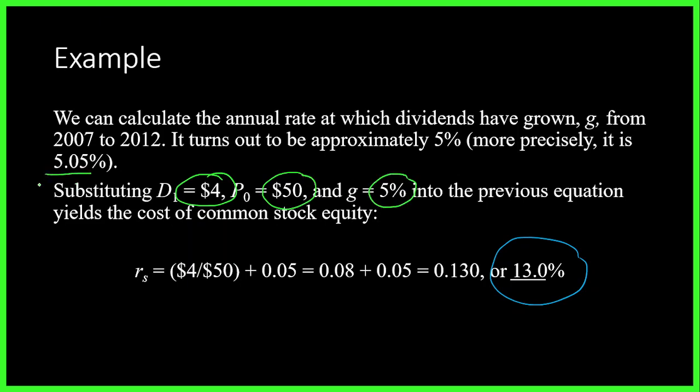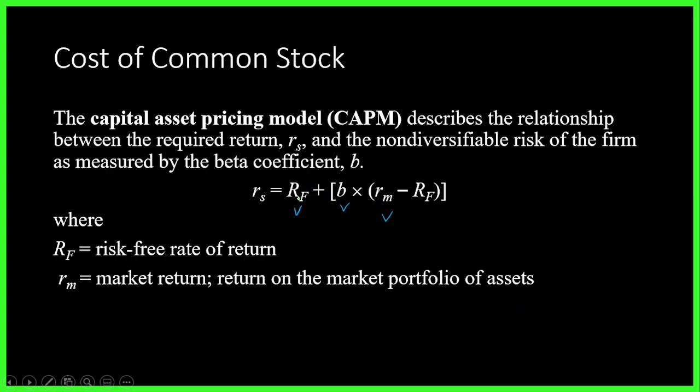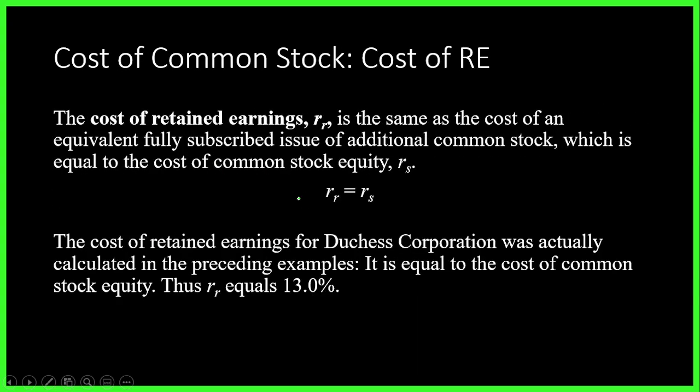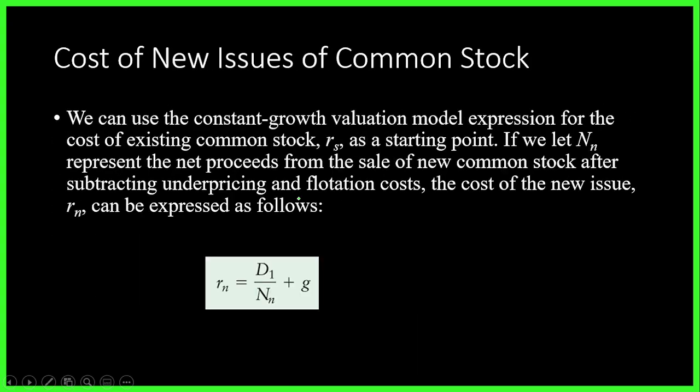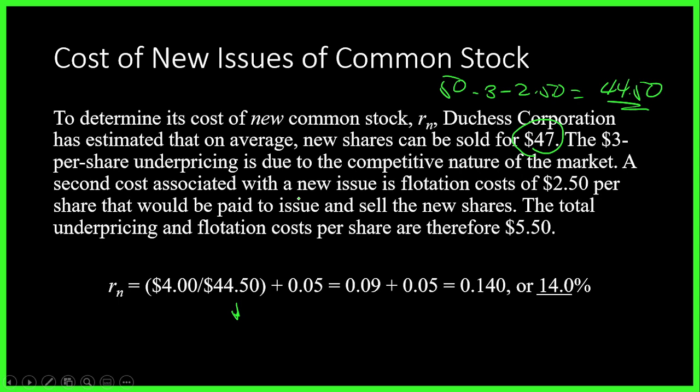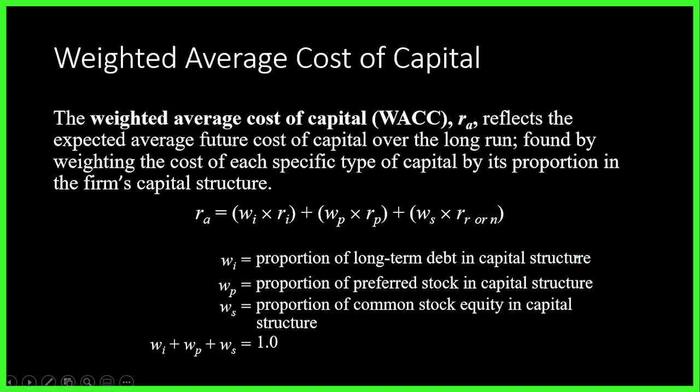Actually, na-compute natin kanina 5.05 dapat, pero sige, let's just use 5%. So, 50 minus 5.5, you'll get 44.5 and then you have the dividends of 4. So siya yun plus yung growth rate natin. And you will now have 14%. Ayun. Smile, we are almost done.